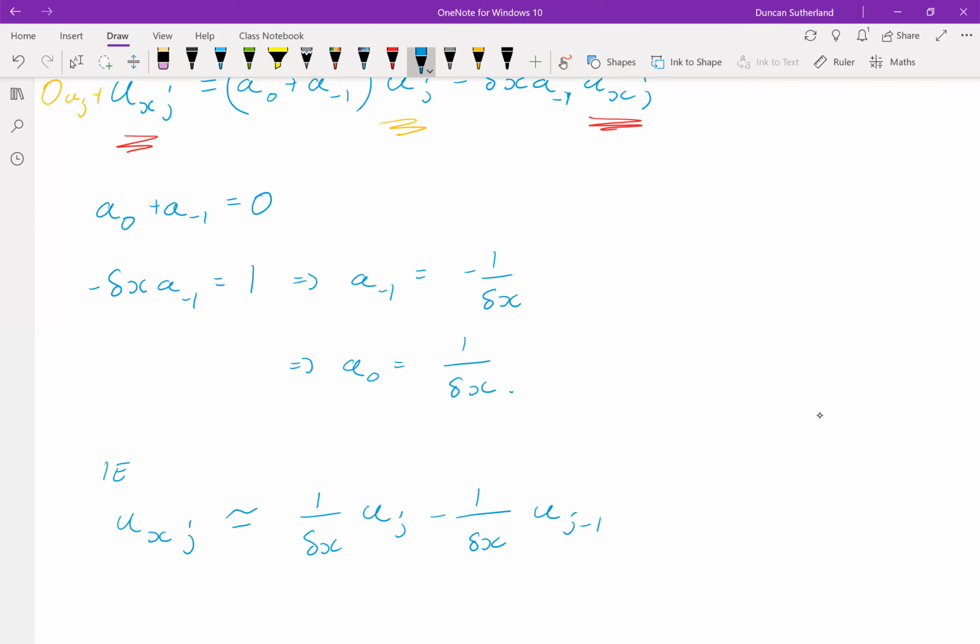Now that's kind of exactly what you'd expect from rise over run. Delta x is our run. We go from uj minus 1 up to uj, for example.